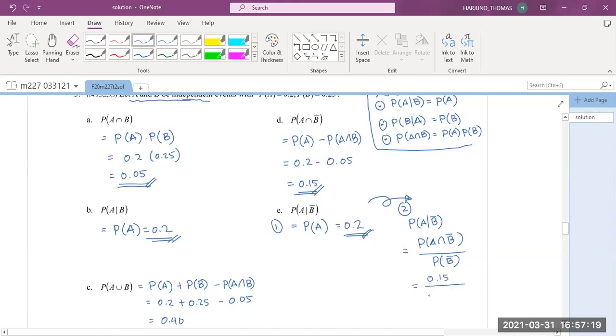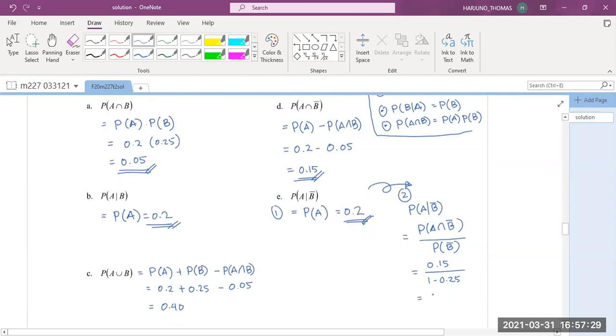The probability of not B is 1 minus 0.25. The probability of B is 0.25. And this is 0.15 over 0.75. When you use a calculator, you get 0.2. So you can do it the long way, you can do it the short way. I believe you prefer the short one.